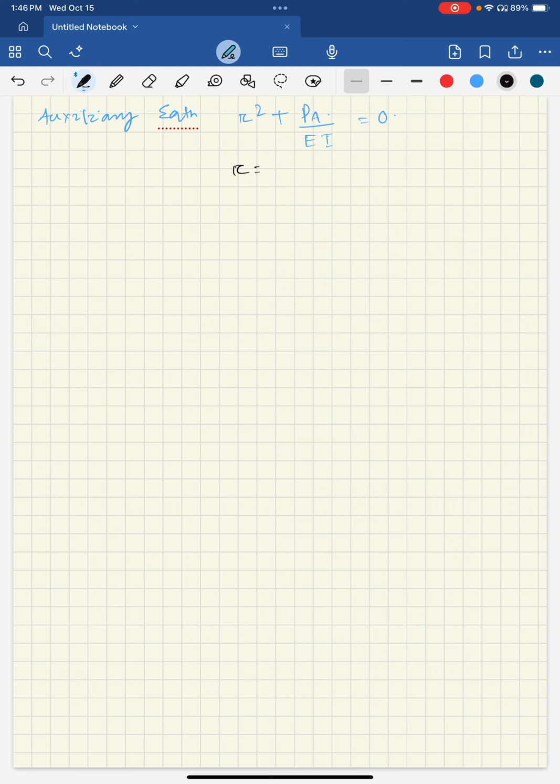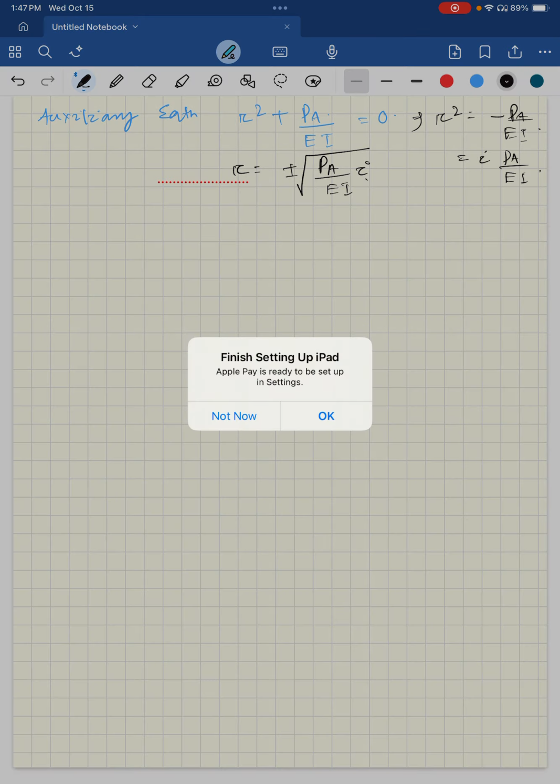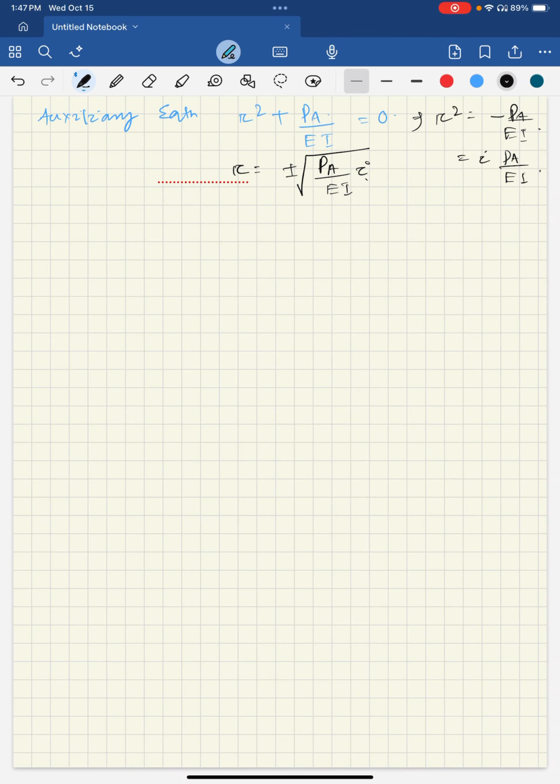Now, r is plus minus square root of P by EI times i, where i is the imaginary number, because when it goes to the right hand side, this imaginary number is i square. So in simpler form, r is equal to plus minus square root of P by EI times i.